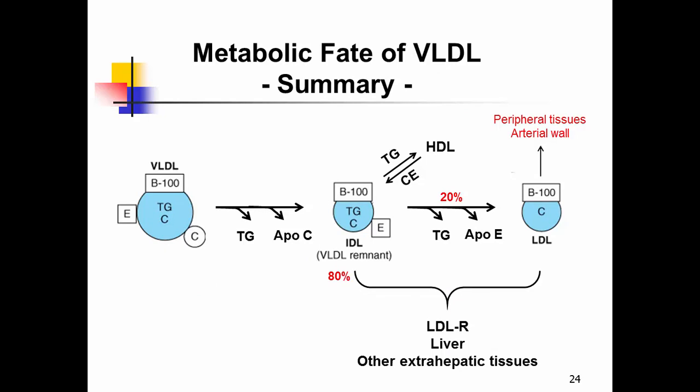This is the simple process of VLDL metabolism. Mature VLDL contains triglyceride and ApoB100, ApoE, and ApoC2. The triglyceride in VLDL can be broken down by LPL in both fat tissue and muscle, and then picked up by these tissues.